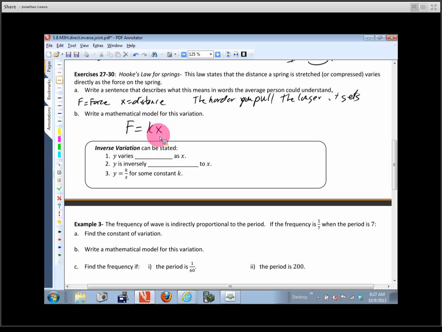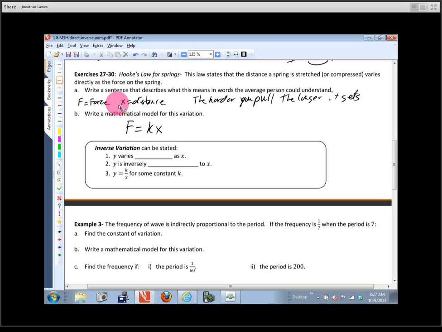So K is different for each one. So what you'd need is some information about that spring. You'd need to know, if I apply a force of 10 pounds, here's how far it stretches. Make sure as you're doing those problems, you understand those. That would be a really good, nice application for this type of variation.